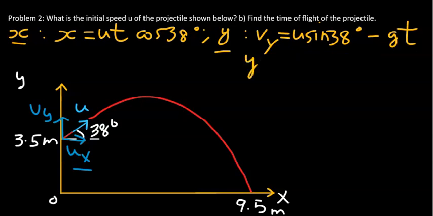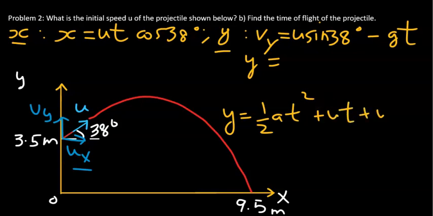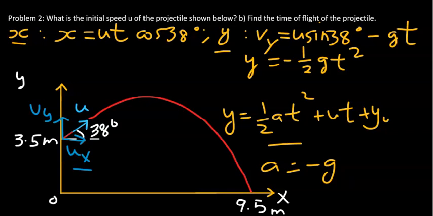Now the coordinate follows that equation, plus ut plus y naught. So the first term is minus half g t squared, minus because a is minus g for projectile motion that we have in this case.